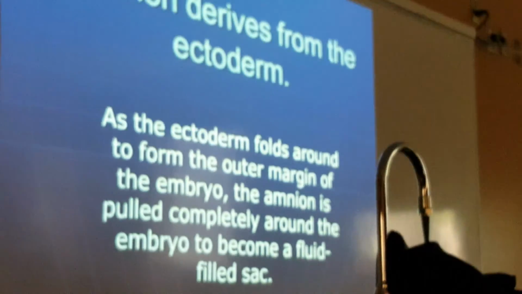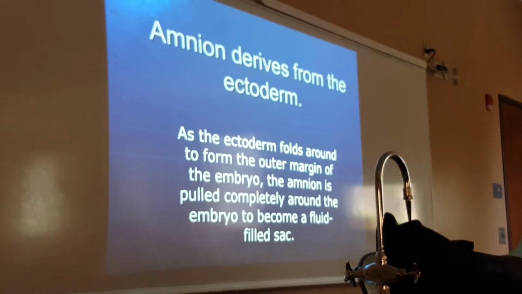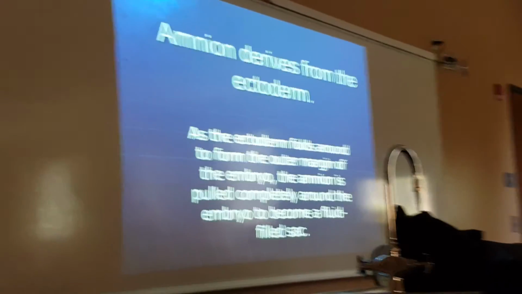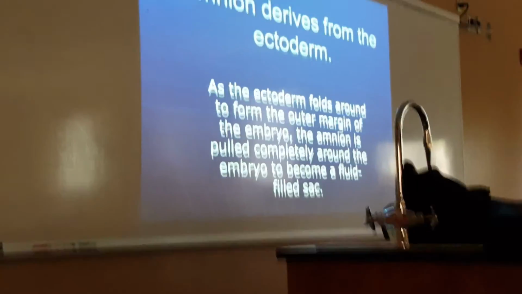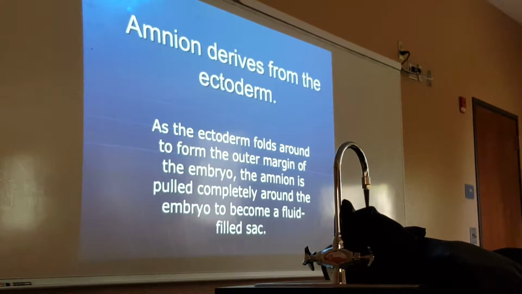So amnion derives from the ectoderm. And we've talked about how, if you imagine the ectoderm being on the top and the endoderm being on the bottom, remember our basic body plan is a tube within a tube.